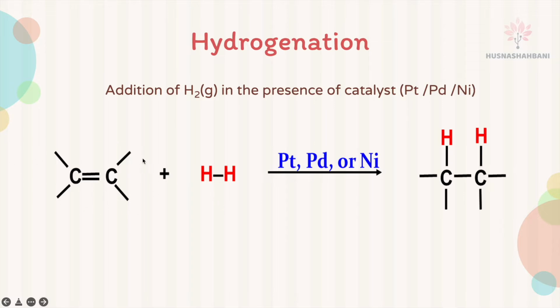So here we have the alkene compound, and addition of hydrogen gas. One hydrogen atom will be added to each carbon in the presence of platinum, palladium, or nickel catalyst.